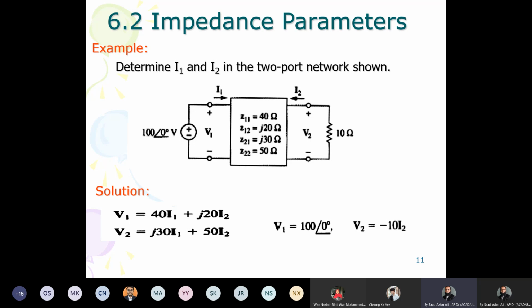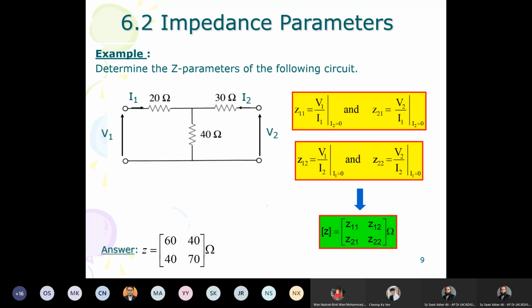V2 is not mentioned here, but no problem. What's given here is basically the impedance parameter, the Z matrix, Z11 and all these Z's. This matrix is given, and we have all these formulas as well.